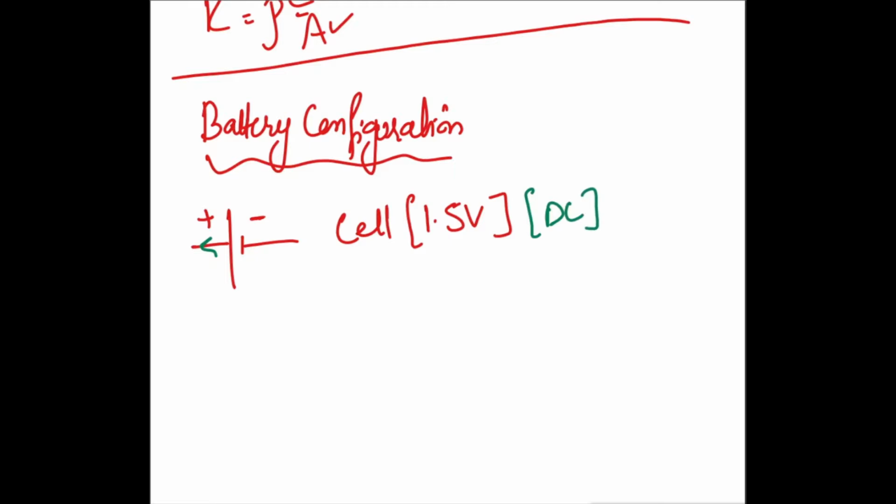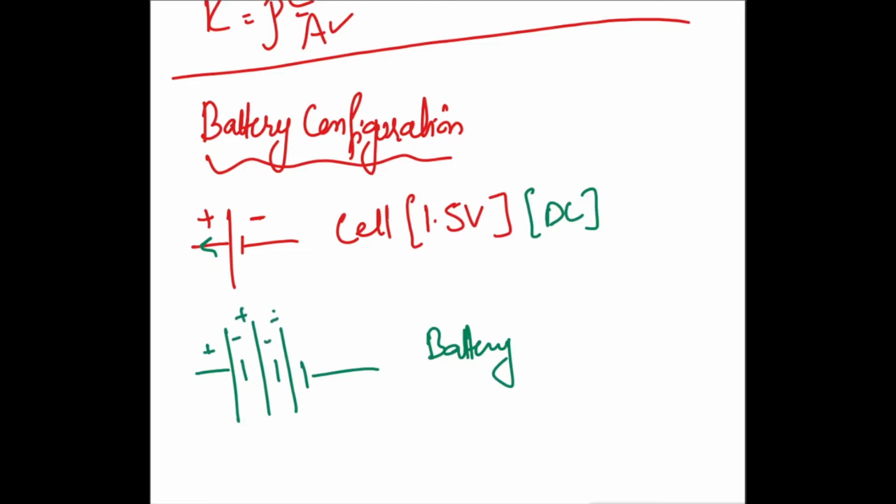Okay, so a single entity would be considered a cell, but if I were to connect them in a configuration like this one after the other, then I will consider this a battery, right? So I see that there are alternate polarities: positive, negative, positive, negative, positive, negative. This configuration, in which the batteries are connected right now, is called series, because the current has no alternate path, the current has to go through all the batteries.